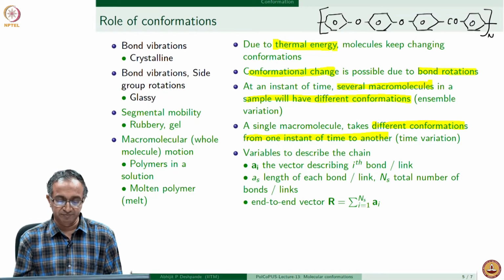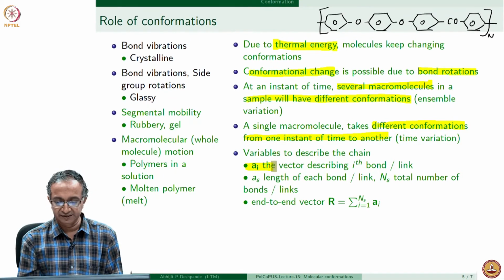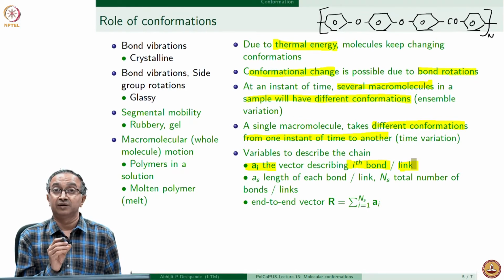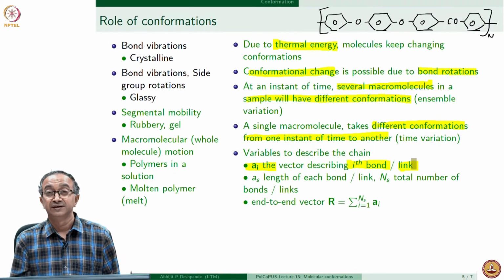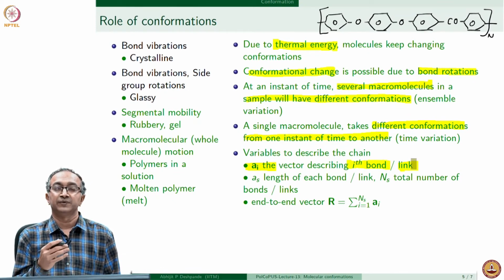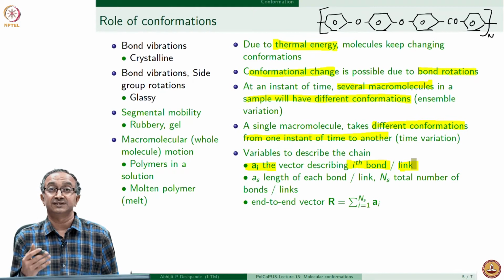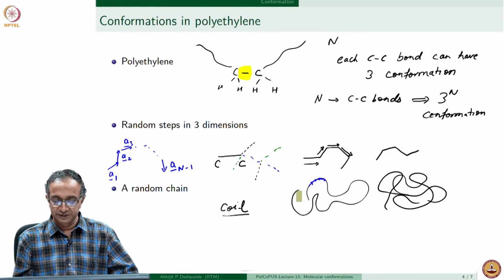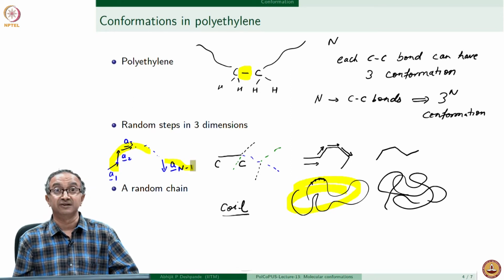So the variables to describe the polymer chain are the vector which describes the ith bond or the link. Here I am describing bond as well as link, because soon we will see that instead of describing the polymer behavior in terms of a single bond and groups like CH2 in the case of polyethylene or CH2CHCl in the case of PVC and so on, we will start describing polymers more from a model which is like a coil-like material or a chain-like material.